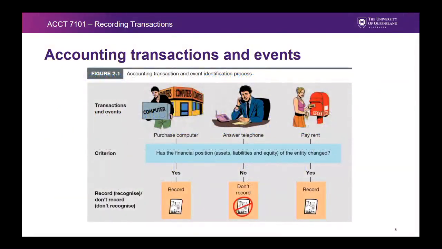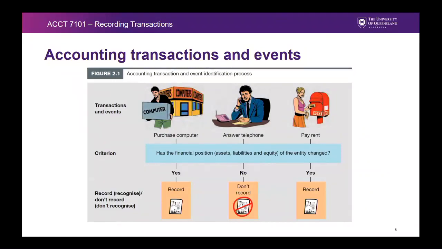Here's a diagram of some possible events and transactions, with pictures. If we purchase a computer, that's an event or a transaction we can convert to an accounting record.